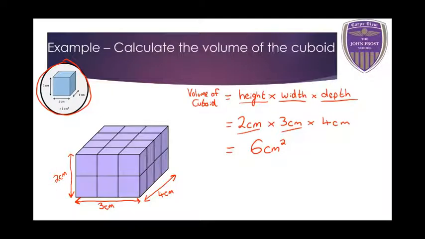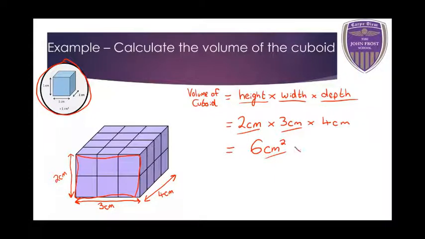Now you might be wondering why the centimeter is squared, but if you think about it, when we do 2 times 3, we've actually found the area of this rectangle on the front of the shape here. Remember, we measure area in centimeters squared. So now we've figured out the area of the front part of the cuboid.